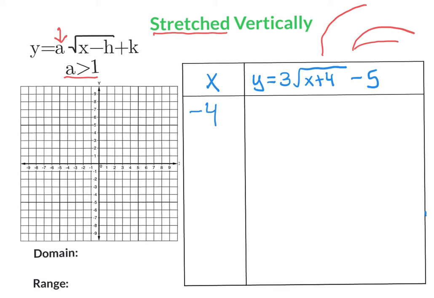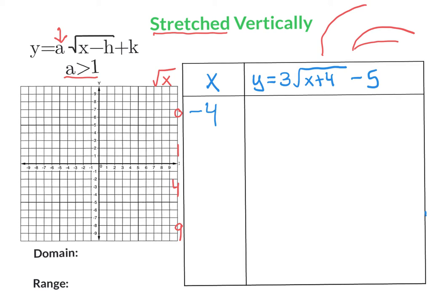Now, for the other values, you can pick any number bigger than -4 and we can get numbers. However, you'll need a calculator, and we might get some decimals, so I'm going to pick specific numbers to avoid a calculator and avoid decimals. Remember when we were doing just the parent function, square root of x, we were looking at 0, 1, 4, and 9.